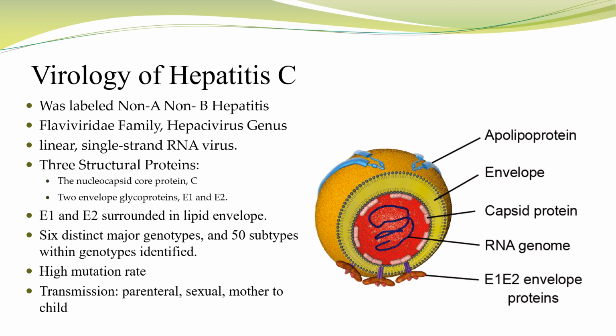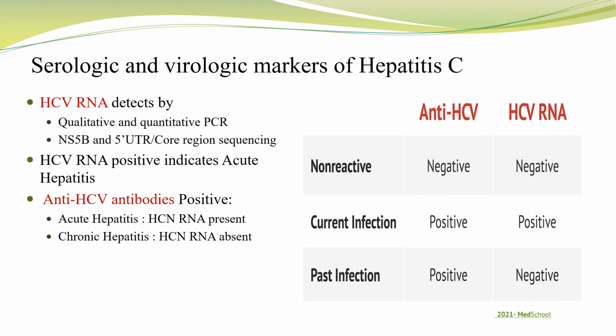Transmission of hepatitis C is like hepatitis B: parenteral, sexual, and mother to child. The marker of hepatitis C virus is detecting HCV RNA by PCR or by sequencing of RNA.